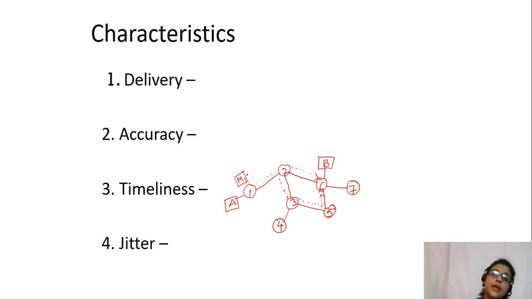Now this message M1 may be divided into 3 smaller units which are called packets, let's say P1, P2 and P3. Now these 3 packets are treated individually and passed through the network.